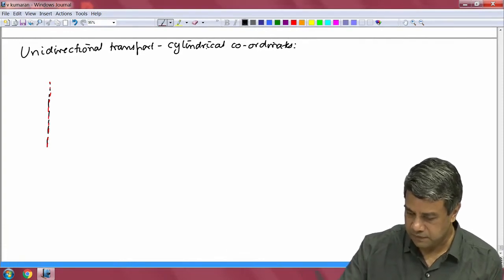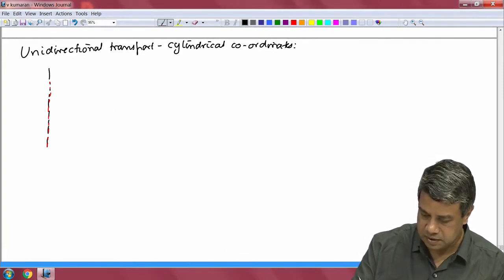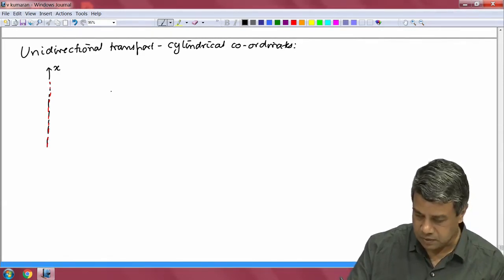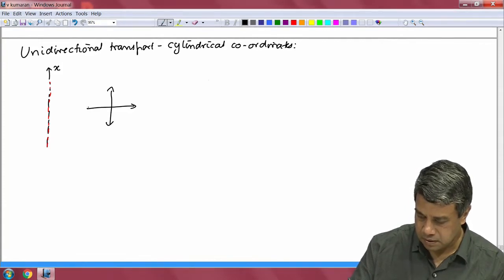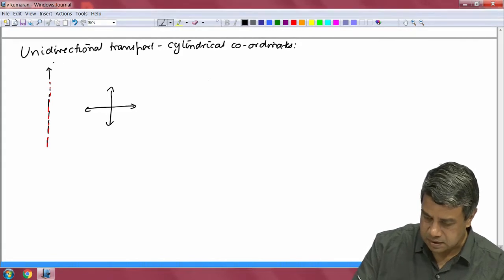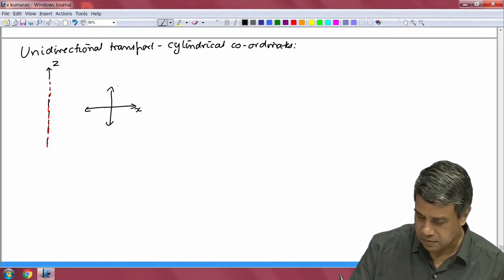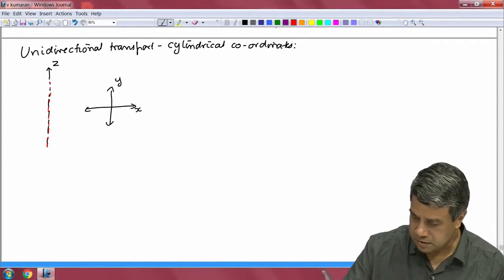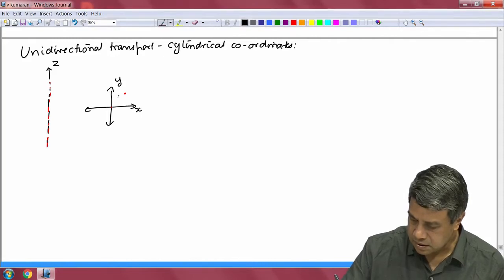If I look from above, and I take this as the x direction, I will have two coordinates in the plane. For consistency let me just take this as z for present. So I will have x and y, and any point on the plane is at a certain distance r from the origin.